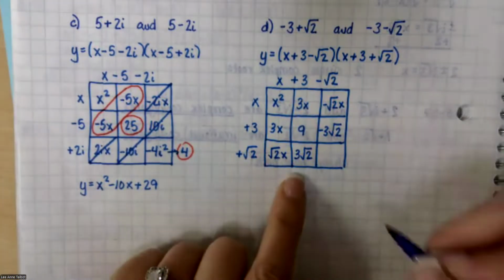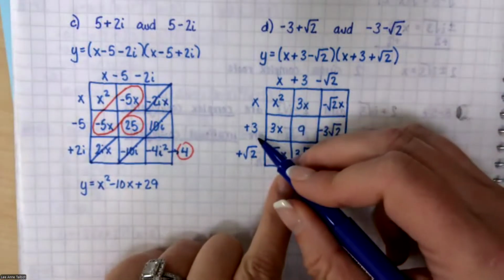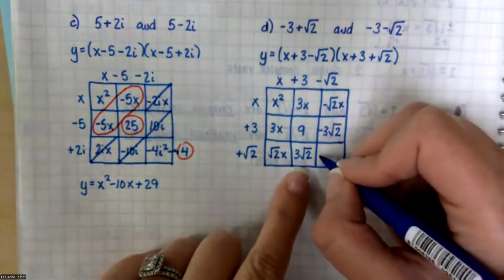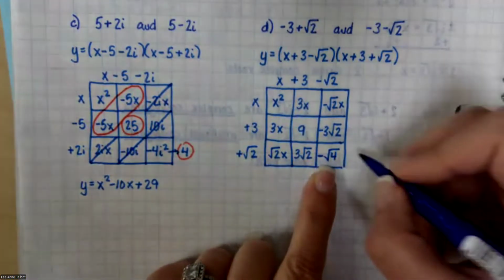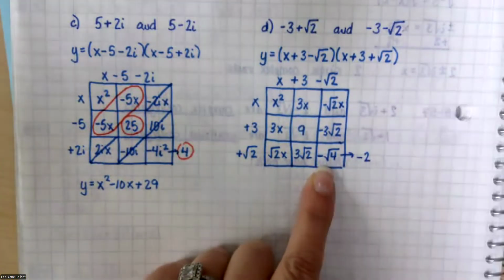Okay, now we got to be really careful here. A negative times a positive is a negative root 4, which is negative 2.